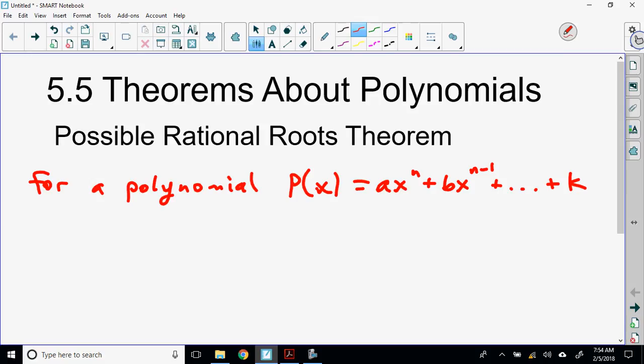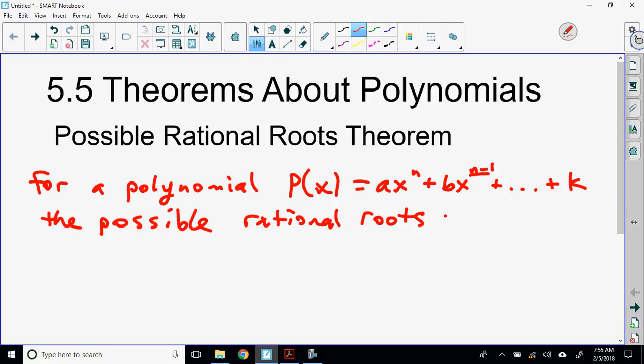All right, plus k. Yeah, this is n minus 1 there. So early on in the chapter, we defined a polynomial with descending order by degree. So for a polynomial, p of x equals ax to the n plus bx to the n minus 1 plus ... plus k.